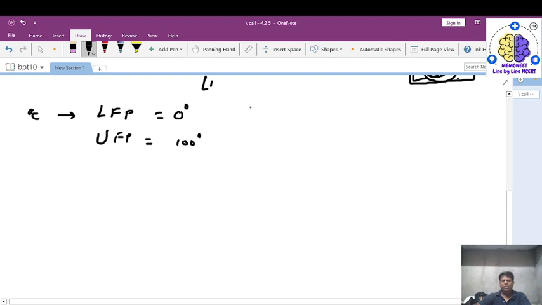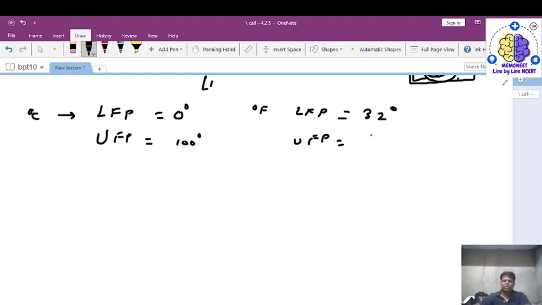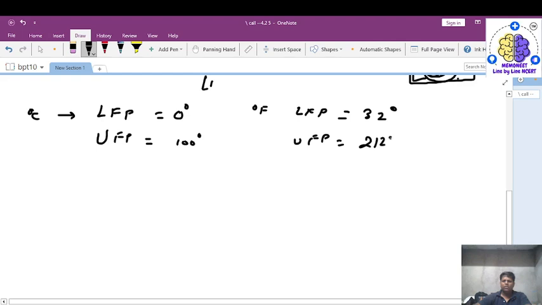On the other hand, for degrees Fahrenheit, the lower fixed point will be 32 degrees, and the upper fixed point will be 212 degrees, right?